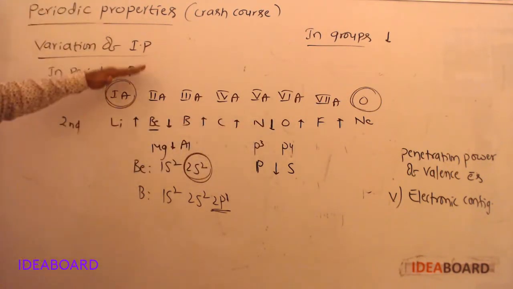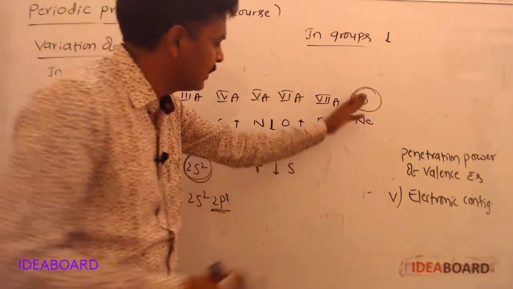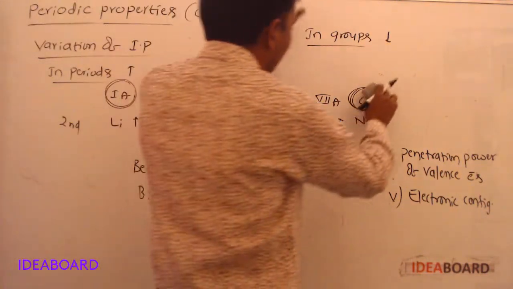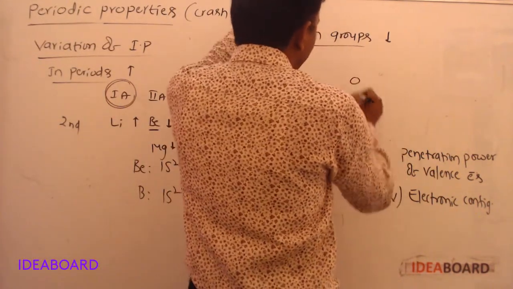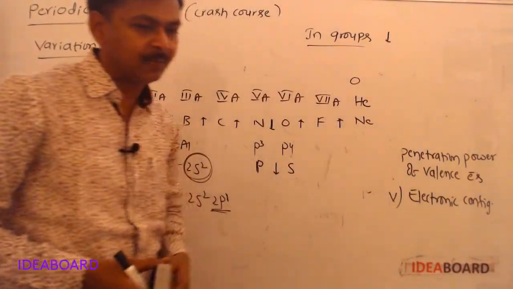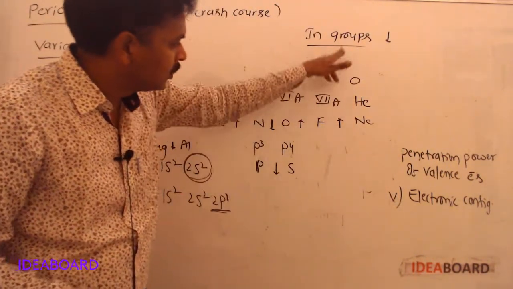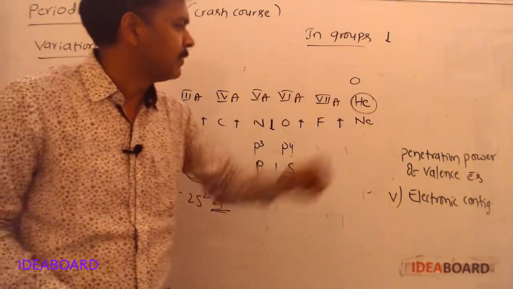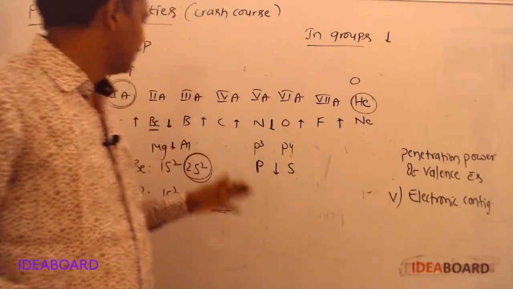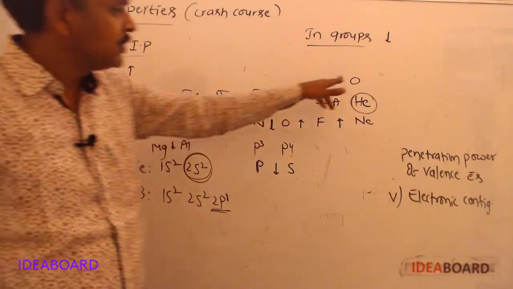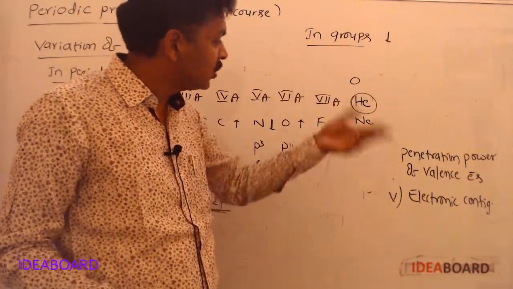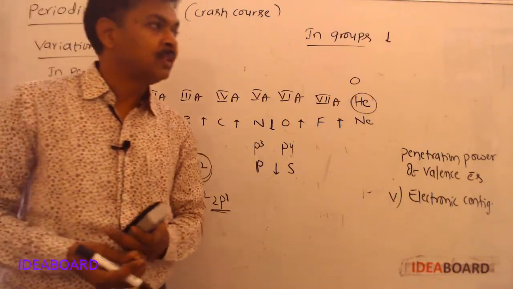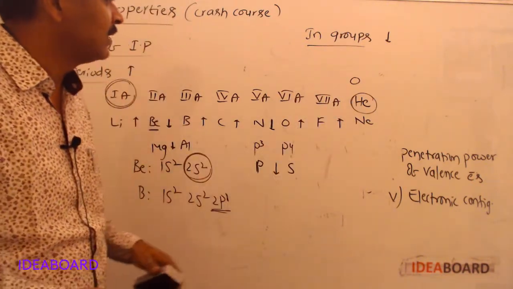In the zero group, the first element is helium, so helium has the highest IP value. So in the periodic table, the element with the highest IP value is helium.